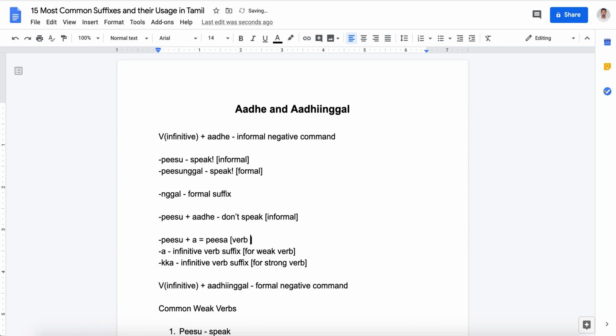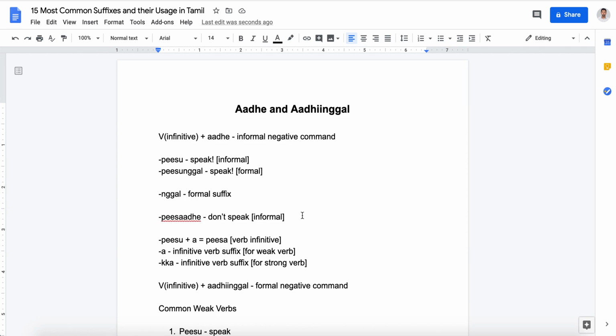Now this is the verb infinitive, and it's time to add to it. I use பேச and ஆதே, so பேசாதே. If I say பேசாதே, it means don't speak. Here you can see one a, and here a double a, so we make it short. Just pesade, don't speak, informally.